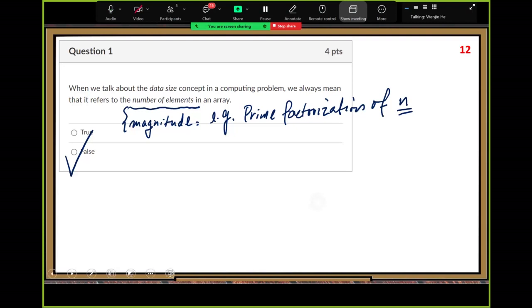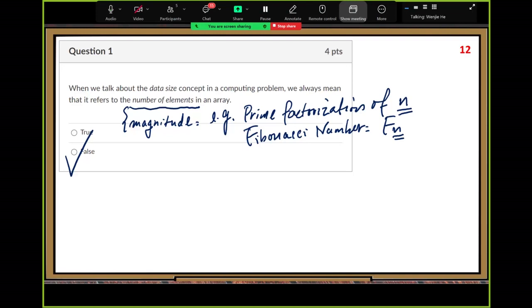Another one we just learned in Module 3, the Fibonacci number, f sub n. Given n, you need to find this Fibonacci number. The magnitude of this n is the problem size.